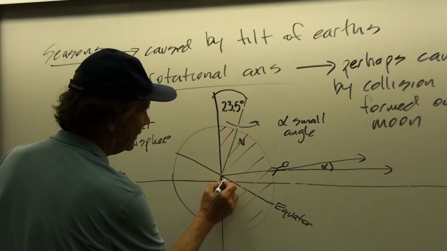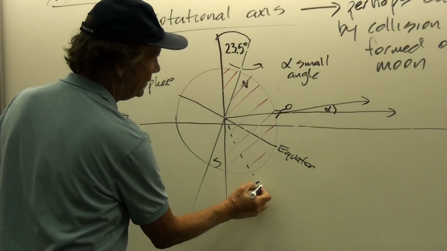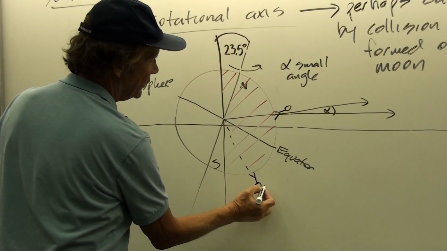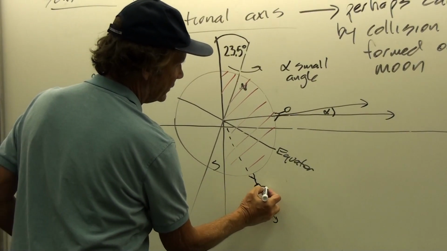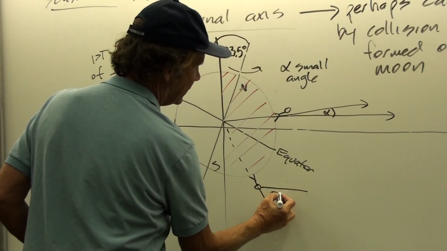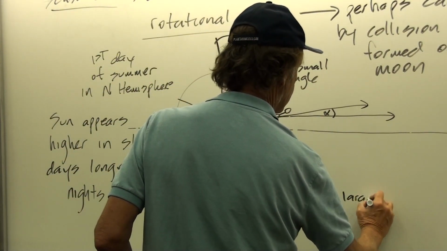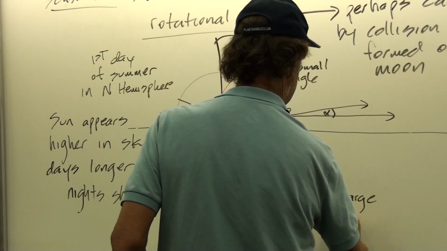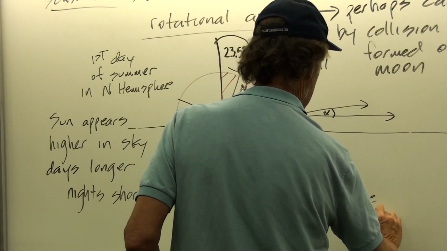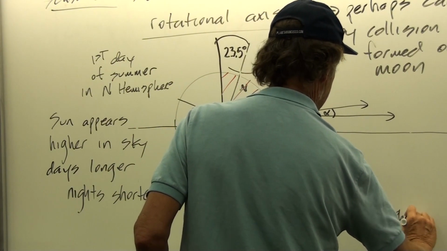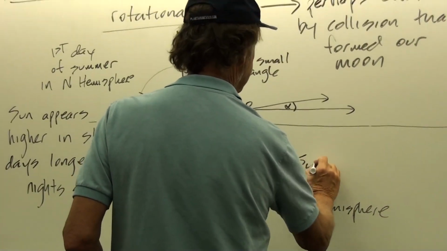Whereas if you're down here at that same latitude in the southern hemisphere, you look straight up, then you look at the sun, it's a big angle, so theta is large in the southern hemisphere. So that means the sun is low in the sky.